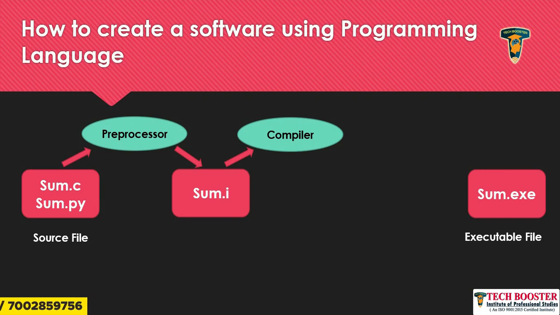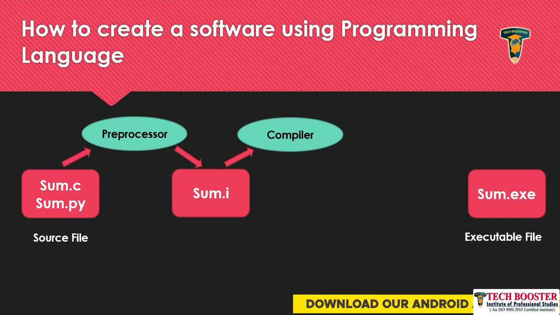Suppose if you want to make a .exe file that is for Windows, in that case you need to select a different compiler. If you want to create a file for your Mac operating system, in that case you need to select another compiler. And if you want to make your file for your Linux operating system, in that case you need to select another compiler. So depending on your output, you need to select your compiler.